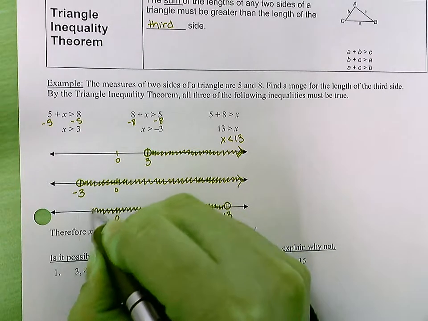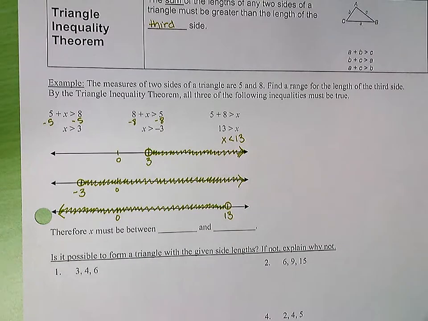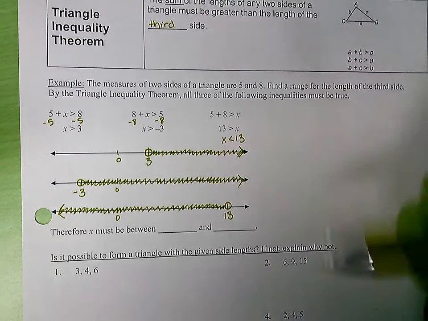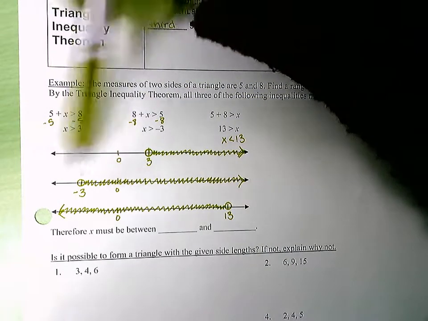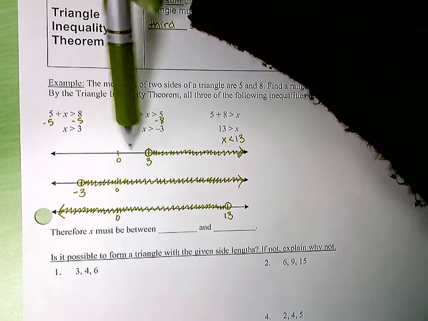You won't have to do this for every single problem, by the way. This is just to help you see how you find this range of values. What I want to do is look for the space where all three of these have a shaded in line. Over here, this part isn't shaded in, so I can't include that part.